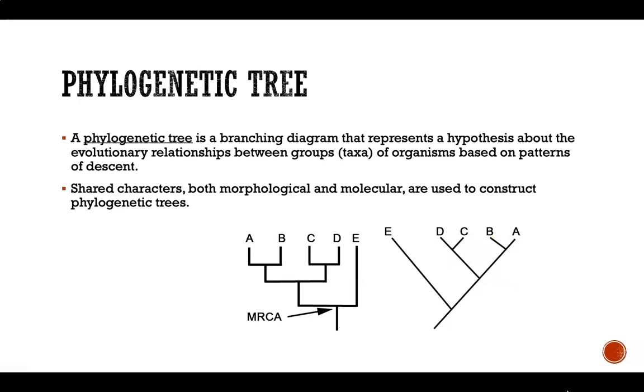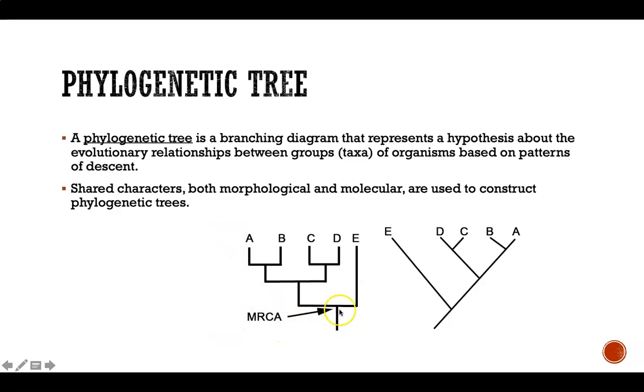So phylogenetic trees are basically graphs. All graphs have an axis where one side means one thing and the other axis means another. So both of these are going to show time and divergence. So in this one on the left, time is going to be the vertical.